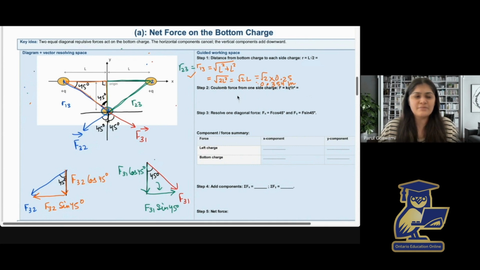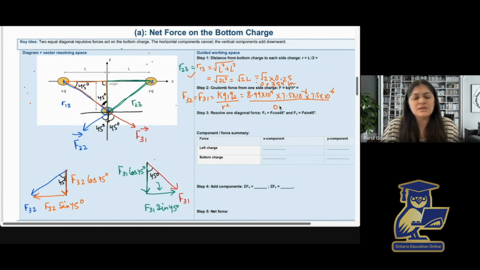So let's determine the magnitude of either force. We can write F32 is the same as F31, which is K times Q1 Q2 by R square. On substituting the values, we will get 8.99 times 10 raised to the power 9 times 7.5 times 10 raised to the power negative 6, times 7.5 times 10 raised to the power negative 6, divided by R square.